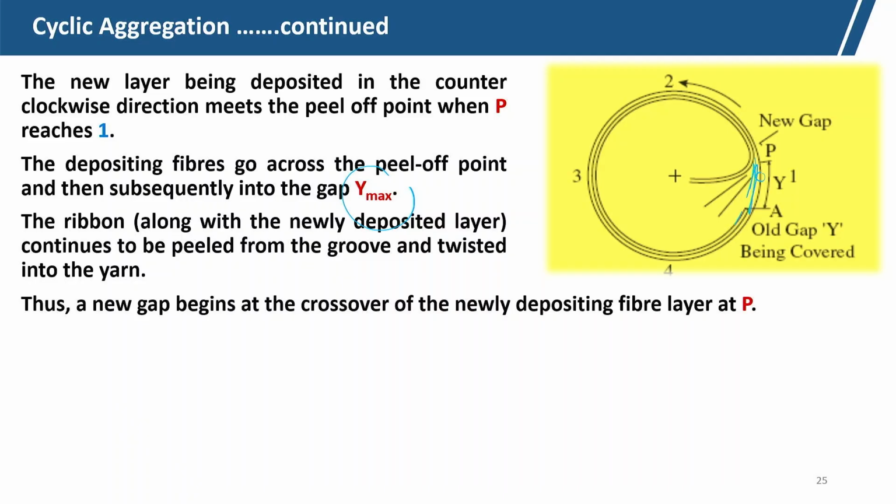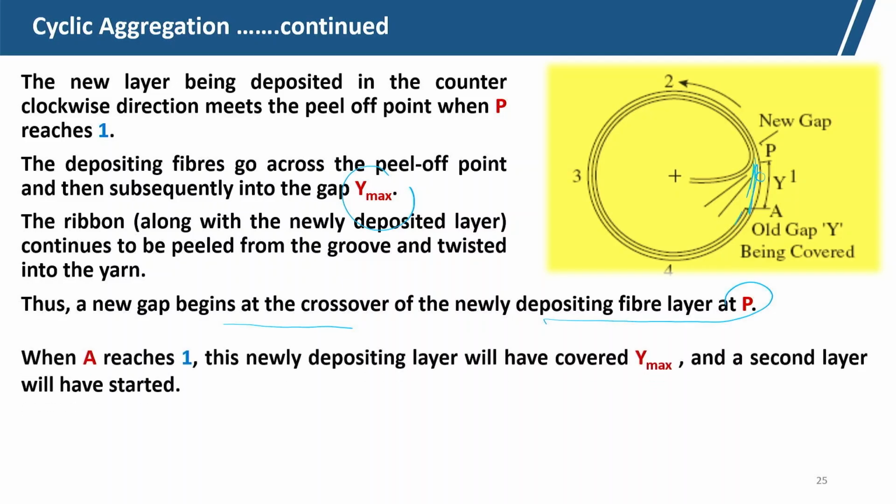Thus, a new gap begins in the crossover of the newly deposited layer at P. So, again a new gap will be created when A reaches 1. There was a gap Y max, then after that A is reaching 1, this newly deposited layer will have covered Y max. So, Y max was the gap and a second layer will start.